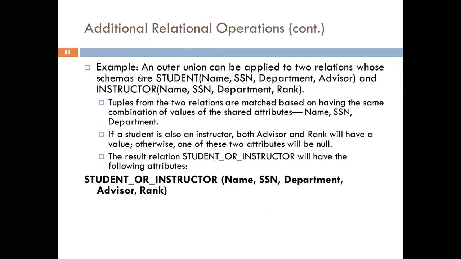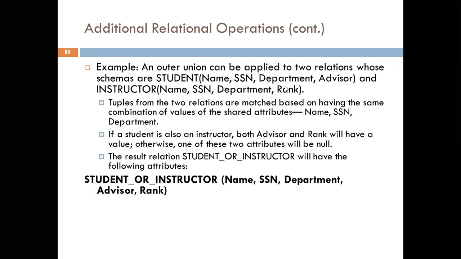One such example is a student and an instructor relation. Both will have name, SSN, department, whereas student has advisor and instructor has rank. In some universities, an instructor can become a student also. So if you want to perform the union, name can match, SSN can match, and department can match, whereas rank and advisor will not match. We can perform the union operation and our result can be like this: name, SSN, department, advisor and rank.